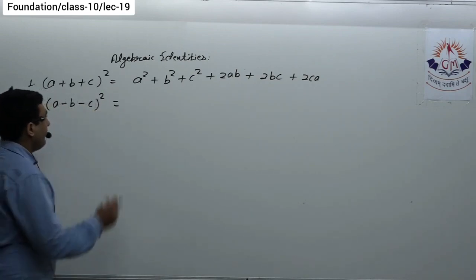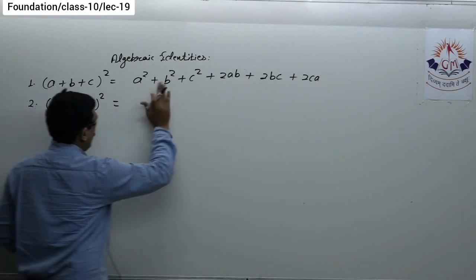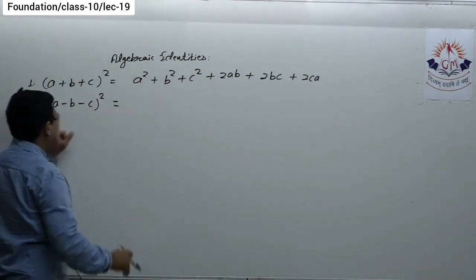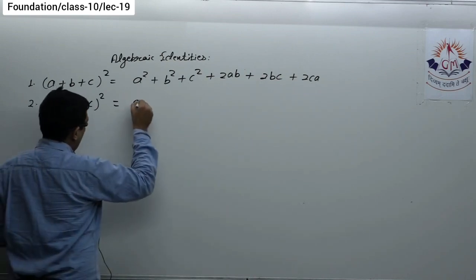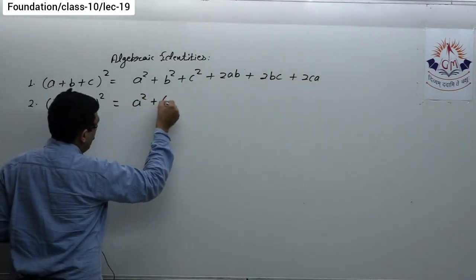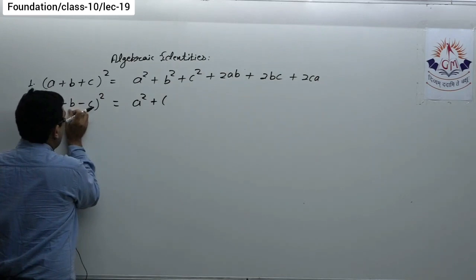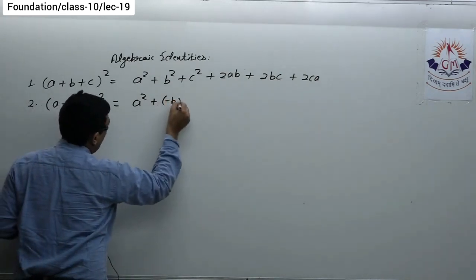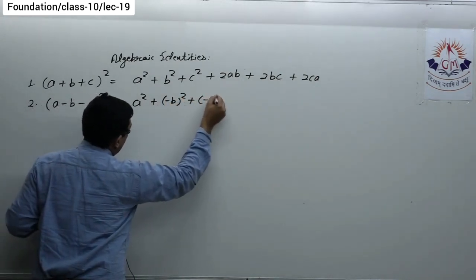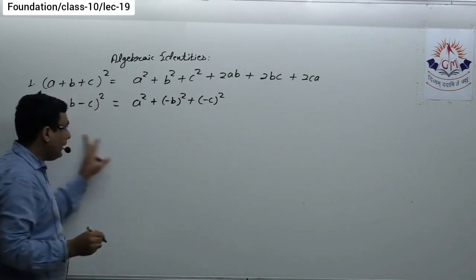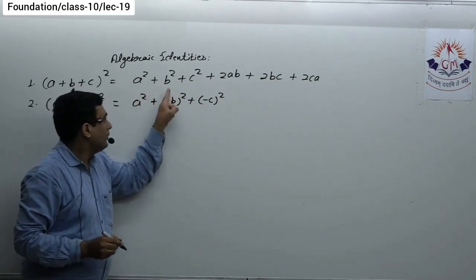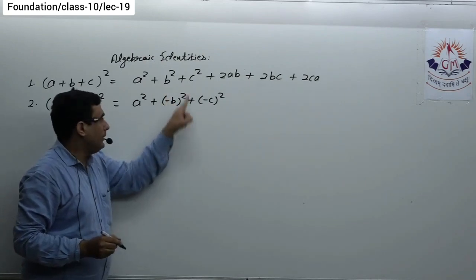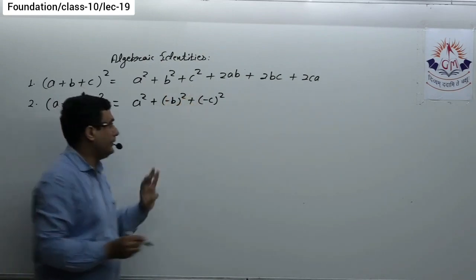See, simply if you have a square plus b square plus c square, what I actually did is make b negative and c negative. So a square, and now instead of b, I have minus b. So I'm putting the values in the original identity with the sign. So b I kept as minus b, c I replaced by minus c.